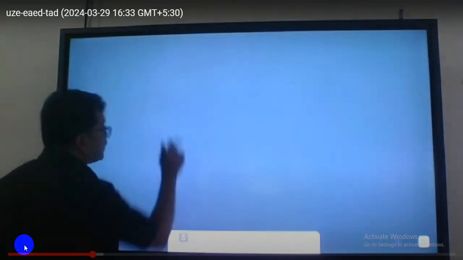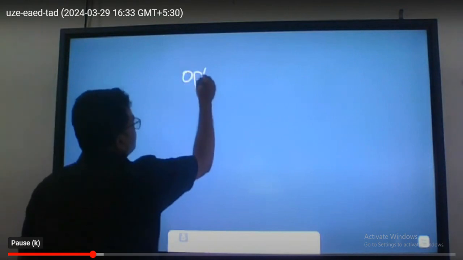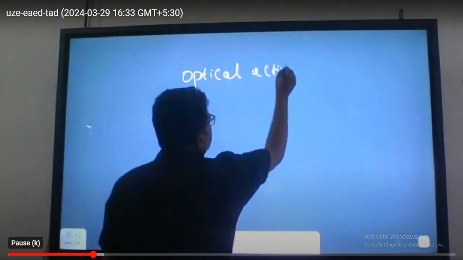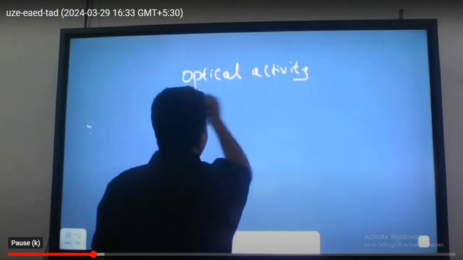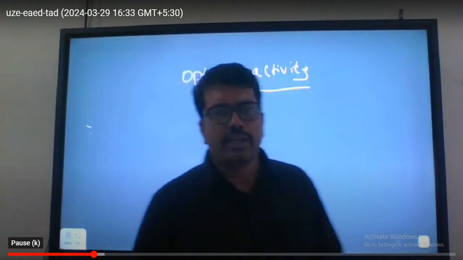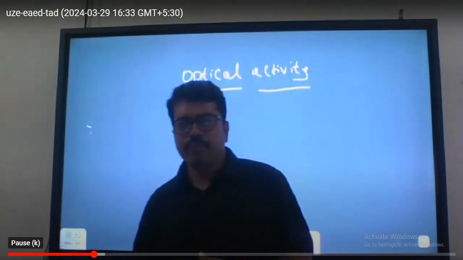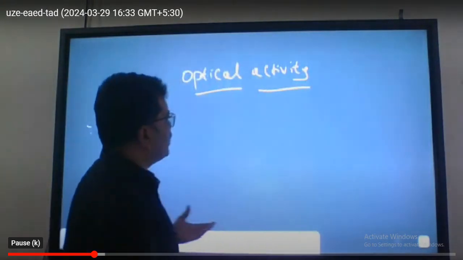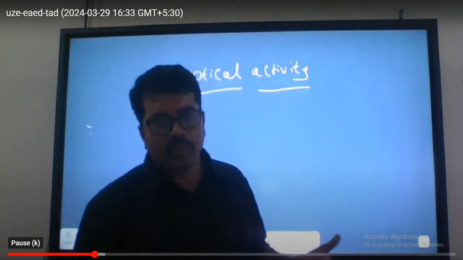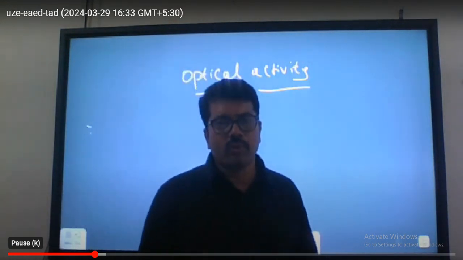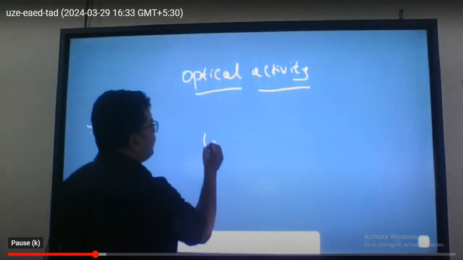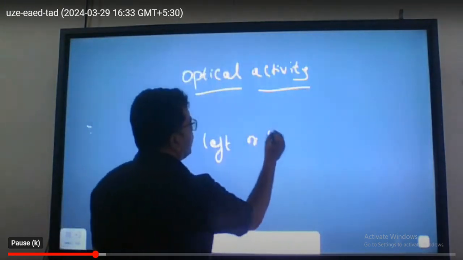Next, optical activity. What is optical activity? The ability of a substance to rotate plane polarized light is called optical activity. When an optically active compound is placed in the path of plane polarized light, it rotates the plane polarized light either left or right.